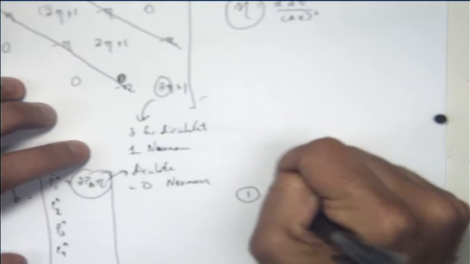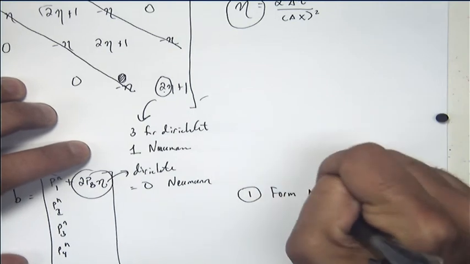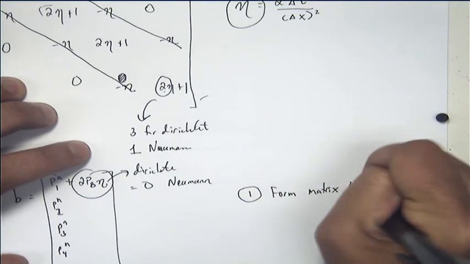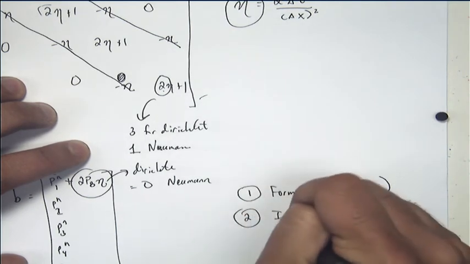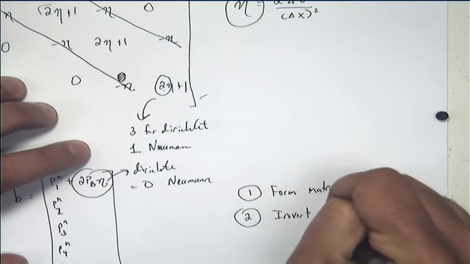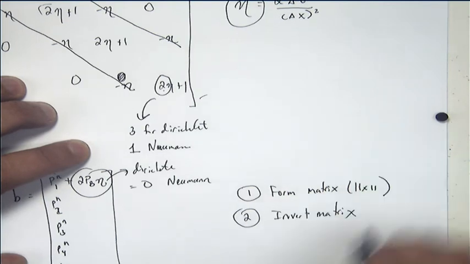So our steps: we're going to form the matrix. It's going to be an 11 by 11 matrix. We're going to invert the matrix, so I'll give you A inverse.